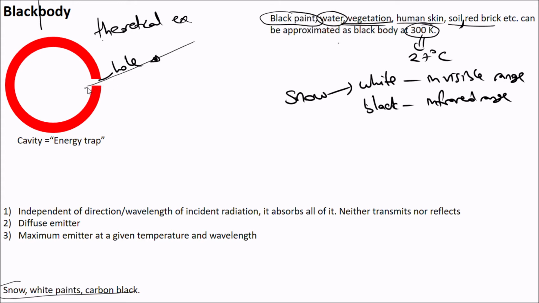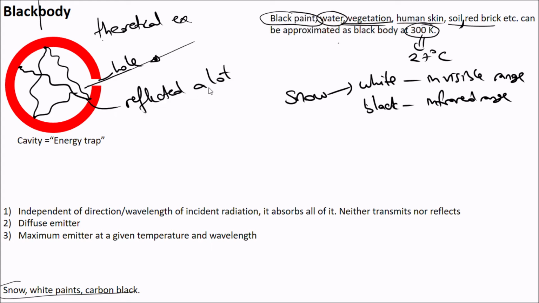This thermal radiation is transmitted into the inner surface of the body and it can be reflected here. It goes to another surface, reflected. Another surface, reflected. So you can see that it is reflected a lot, and after reflection multiple times, it becomes internal energy of the system.